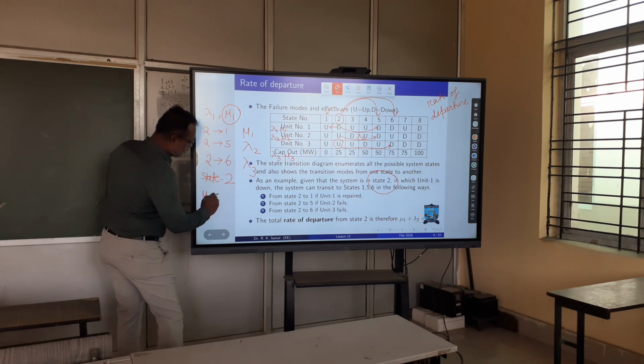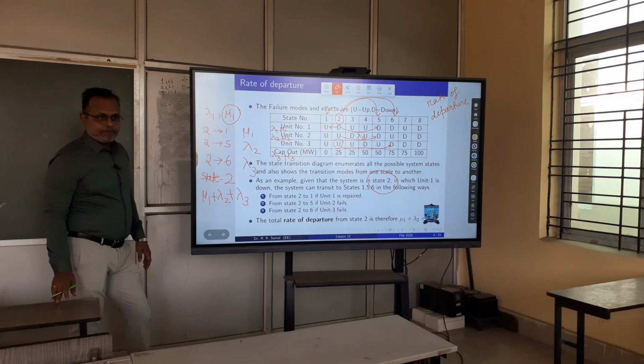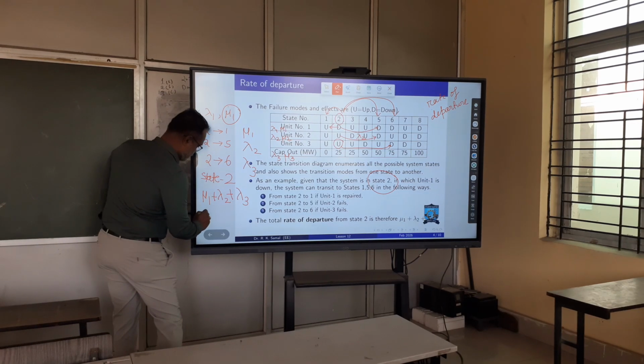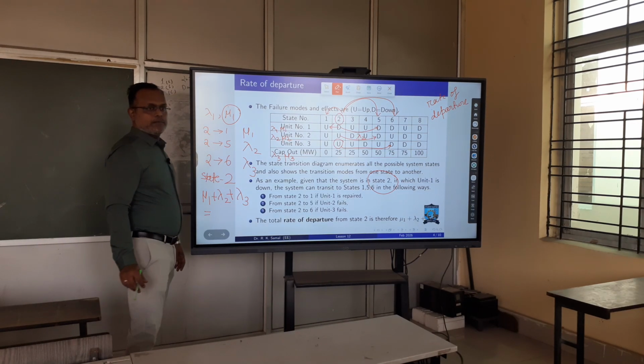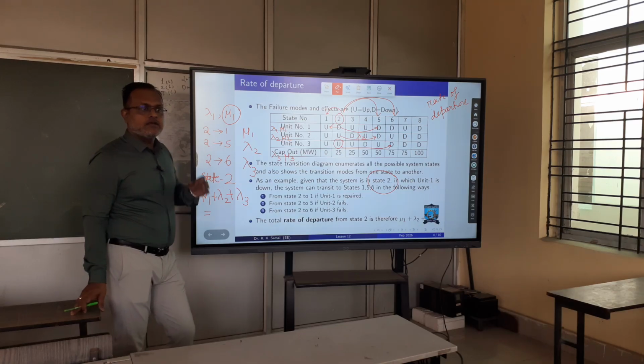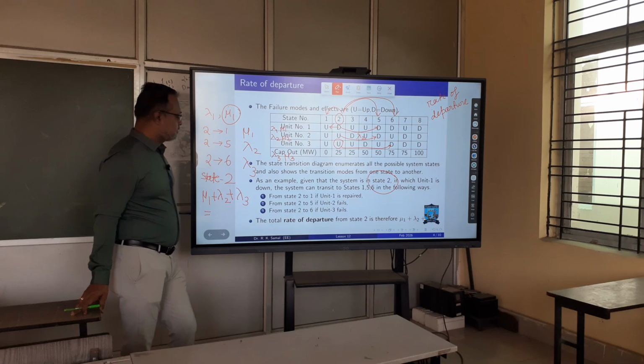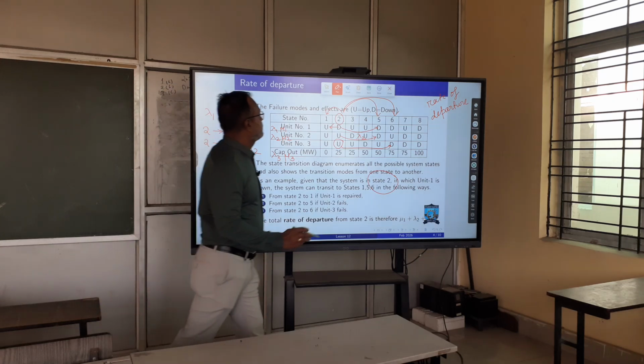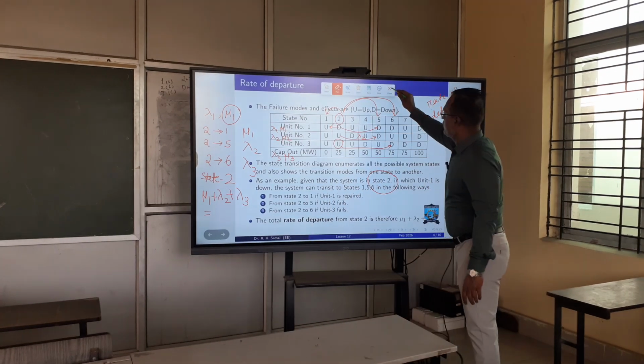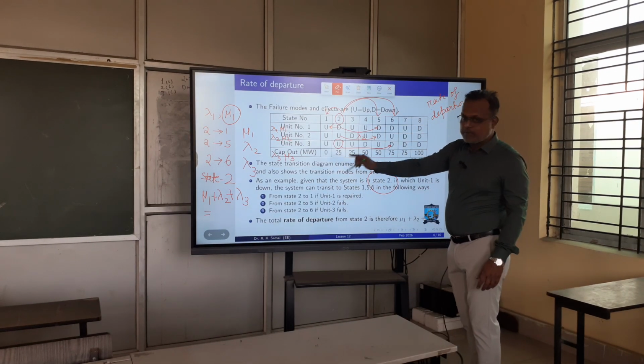Mu 1 plus lambda 2 plus lambda 3. So how much is that? In the previous slide is the failure rate and repair rate. So write down mu 1, lambda 2, lambda 3.